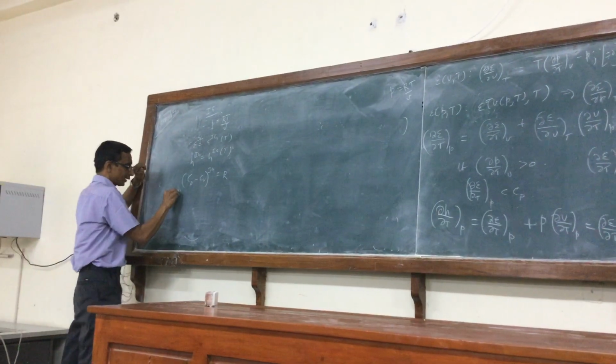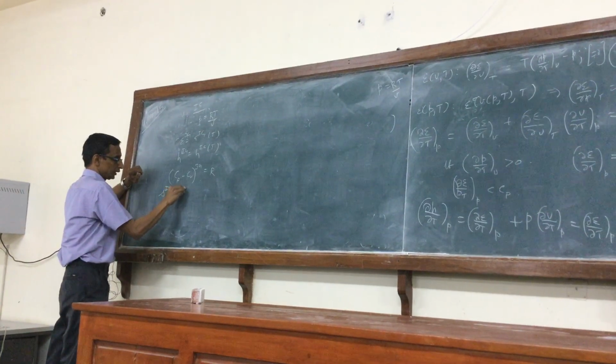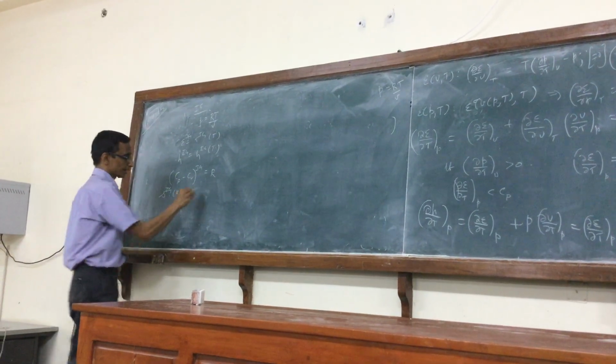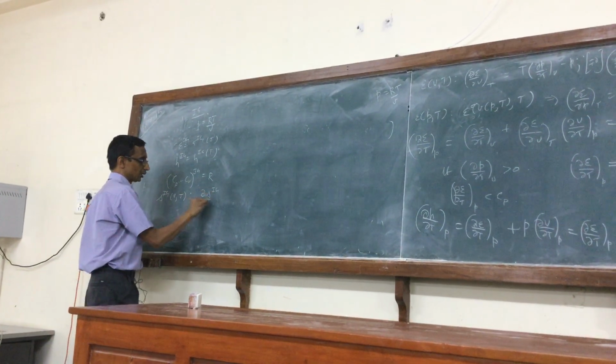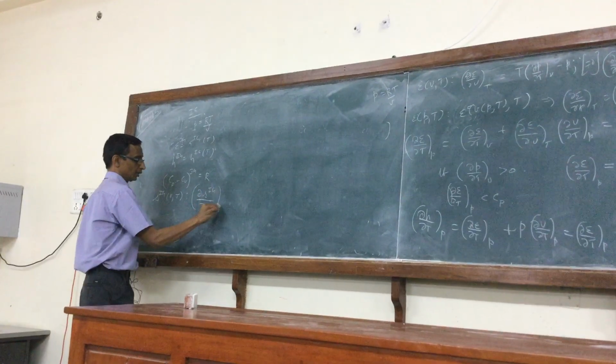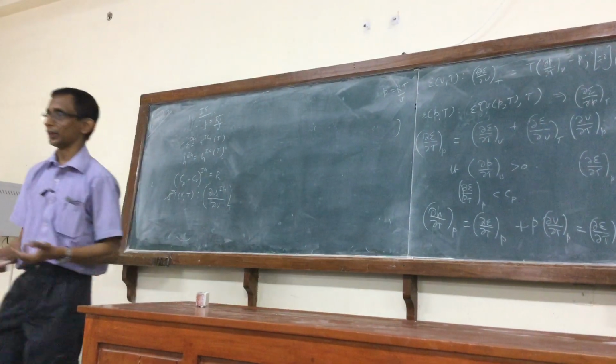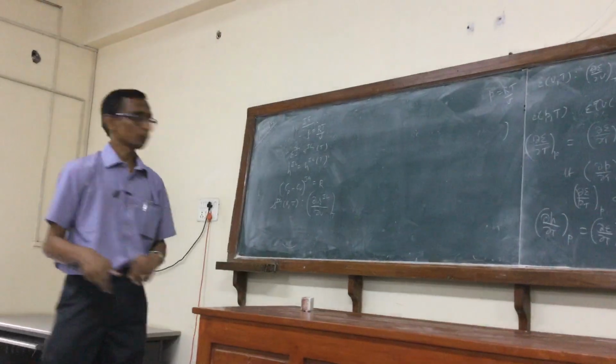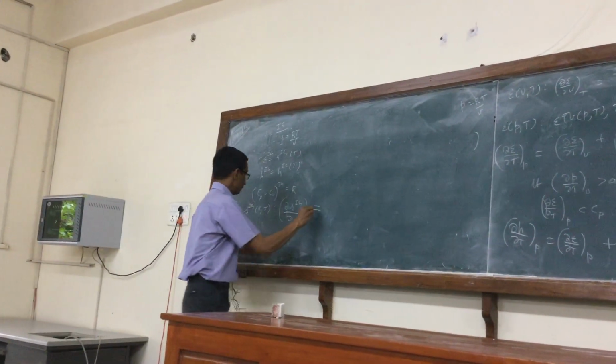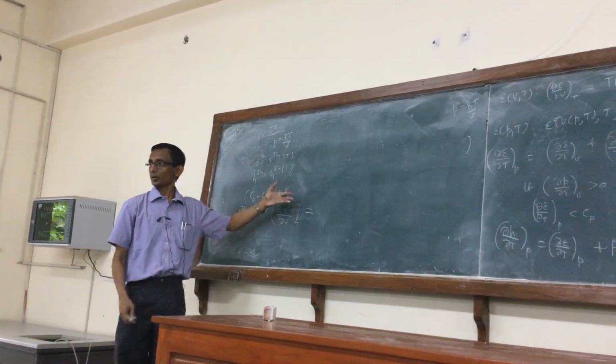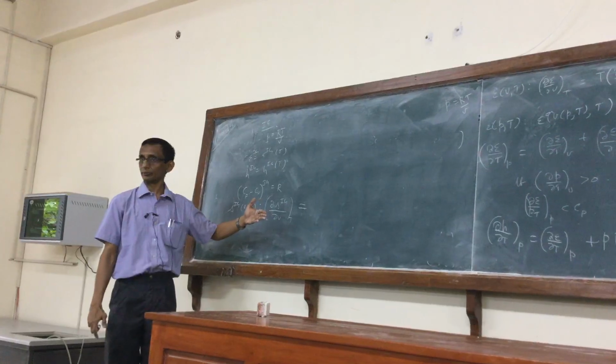So if I take S ig of T and V, I can ask what is dS ig by dT. dS ig by dT is Cv ig by T. That is, there's no problem with that. We know the general equation for dP by dT, right?